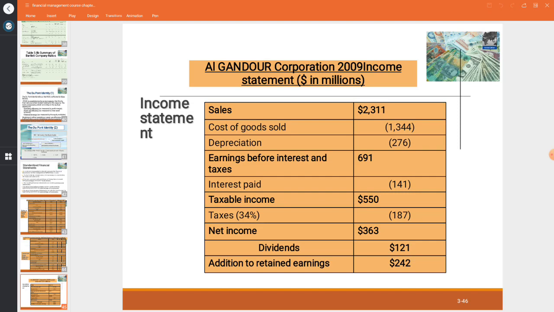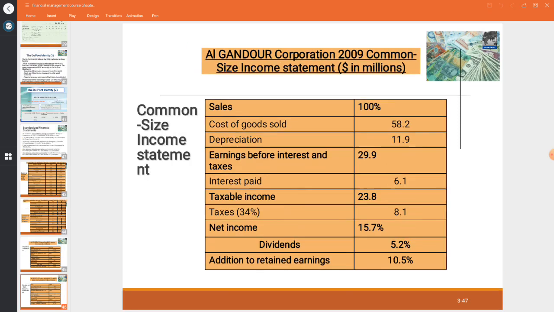For example, in the first line, sales divided by sales is 100%. Cost of goods sold, 1,344, divided by total sales gives us a percentage, and so on. In this form, we converted our income statement into a common size income statement, and in this way it is easier to interpret and compare.